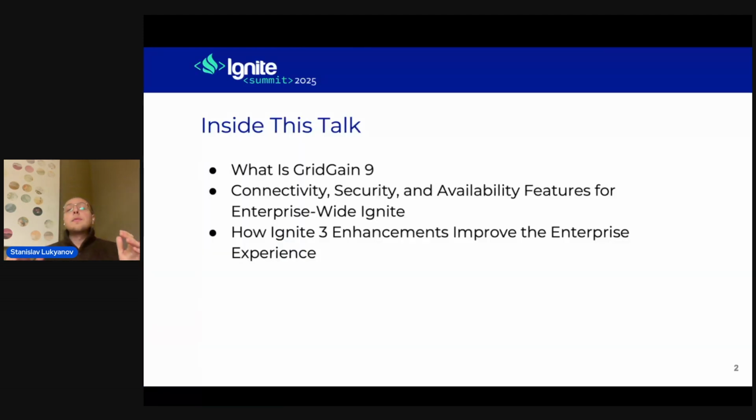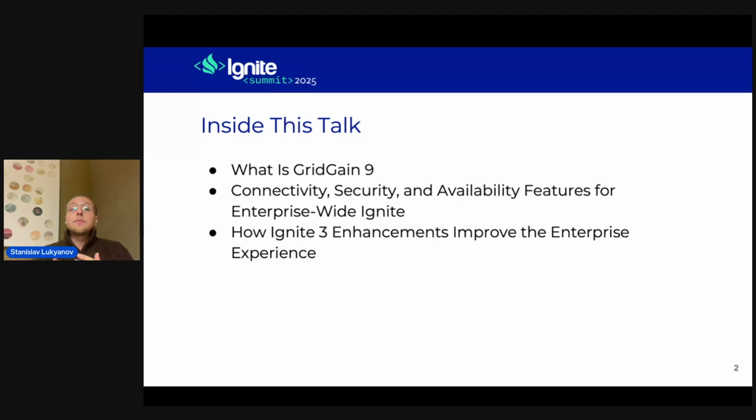In this talk, we will start by learning about what is GridGain 9 for those of you who don't know about that product that builds on top of Apache Ignite. We will talk about what features GridGain adds on top of Apache Ignite 3 and how these features help to enable Ignite usage in enterprises.